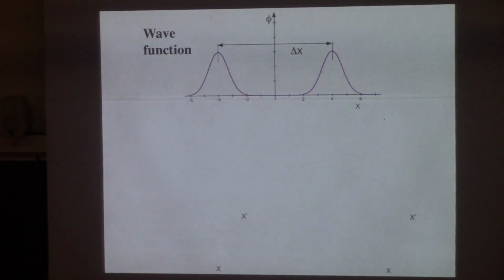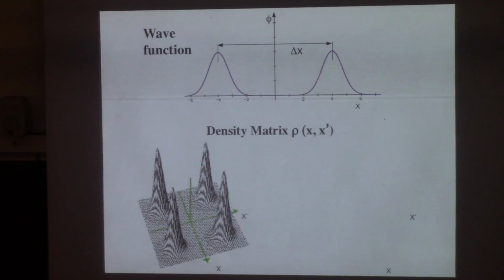In other words, if you have a situation you would expect in a double slit experiment, a superposition of something being here and there, the initial density matrix in position representation will have two peaks on the diagonal.